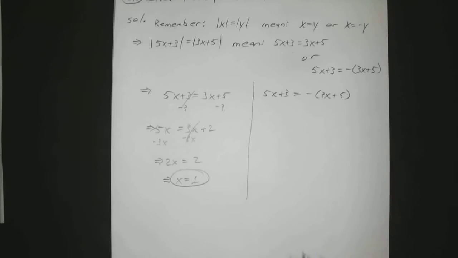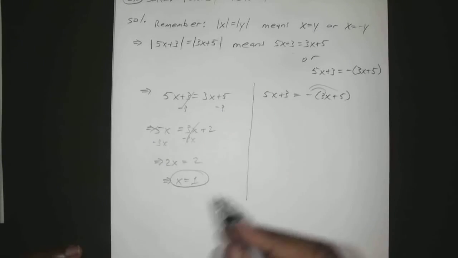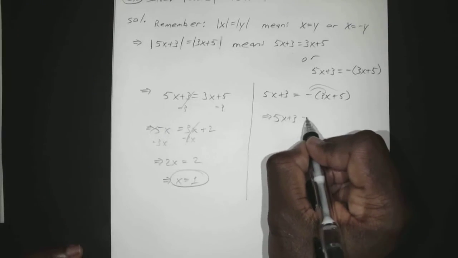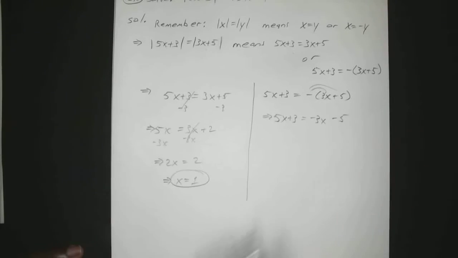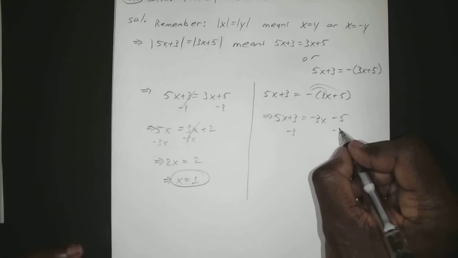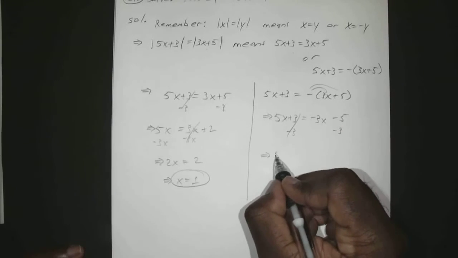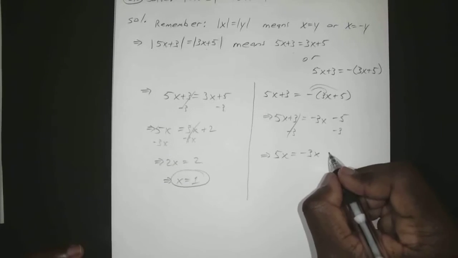Okay. Now for the other side, we just have to distribute our negative first. So that gives us 5x plus 3 equals negative 3x minus 5. So we can subtract 3 from both sides, and we have 5x equals negative 3x minus 8.